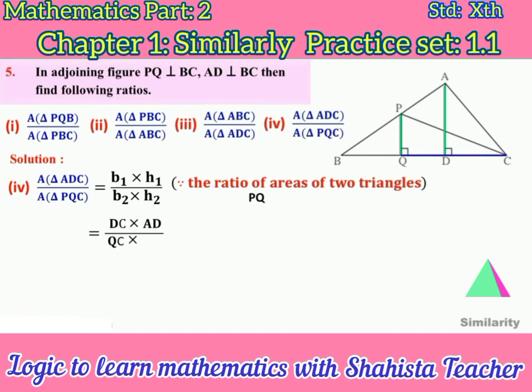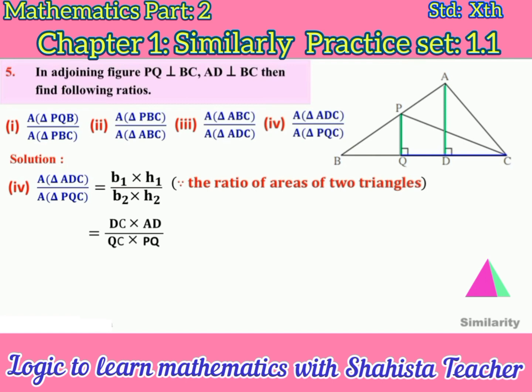All four are different, no? DC multiplied by AD upon QC multiplied by PQ. There is no common pair, so this is the final answer for sub question 4.